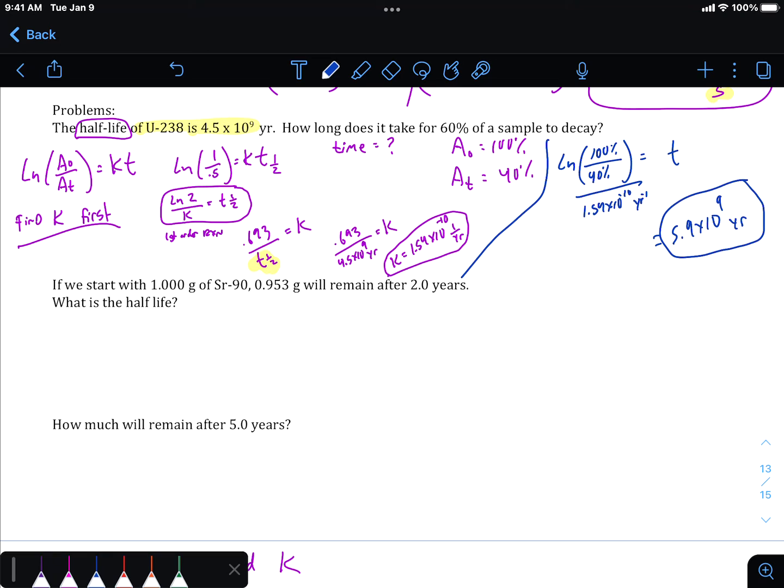Last problem. Try it on your own. See what you get.